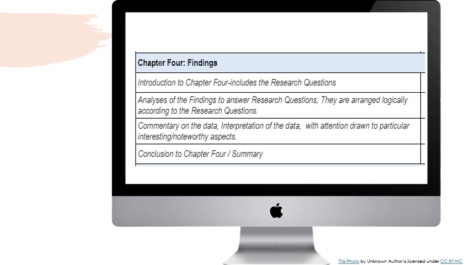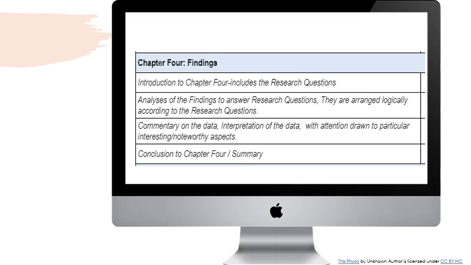Alright, so let's take a look at some of the things that you need to include in your chapter 4. Basically you can see here there are 4 items you need to remember. The first one is the introduction, which includes the research questions. The second one is the analysis of the findings to answer research questions.